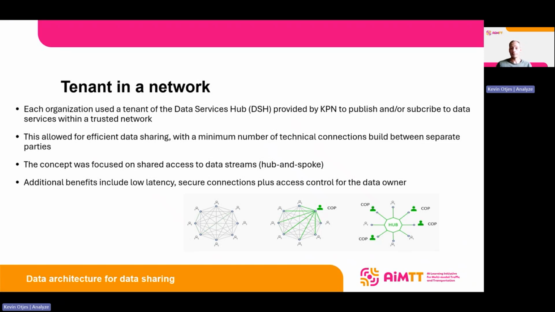So that's why we ended up on the right-hand side of the picture, where we have a shared hub, a data distribution solution, where everybody works from a tenant. Everybody has their own node, part of the network, and everybody can bring data and receive data. Together, within that trusted network, we have a minimum number of connections.